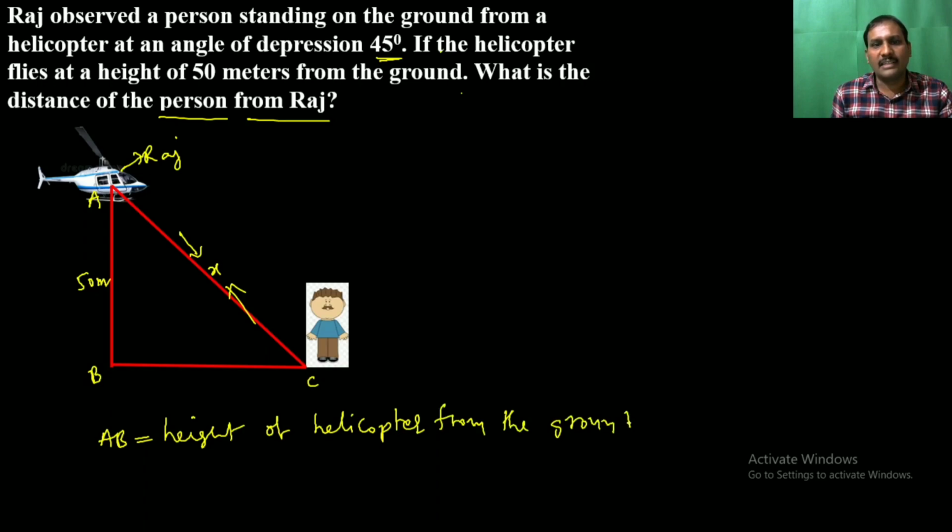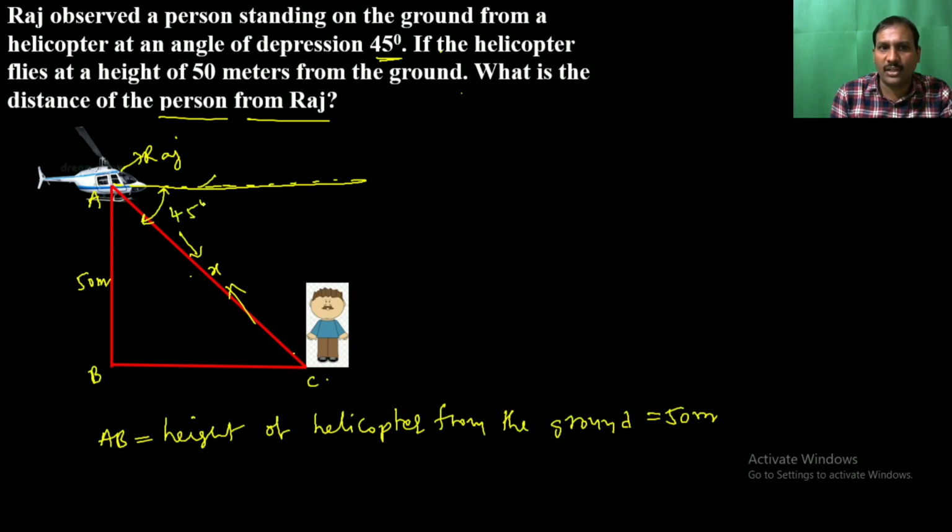That is 50 meters. And what is the angle of depression here? 45 degrees. So this is the horizontal line of Raj, and he is observing the person standing on the ground. This is the horizontal line, and this is the line of sight. So this angle is the angle of depression, that is 45 degrees.